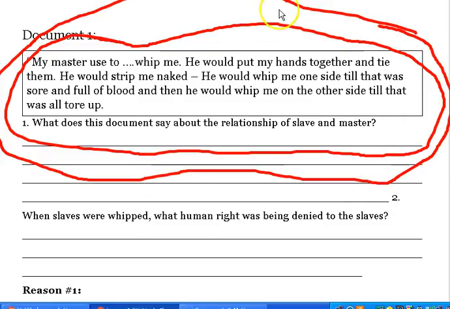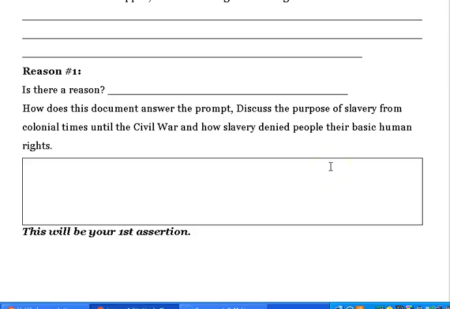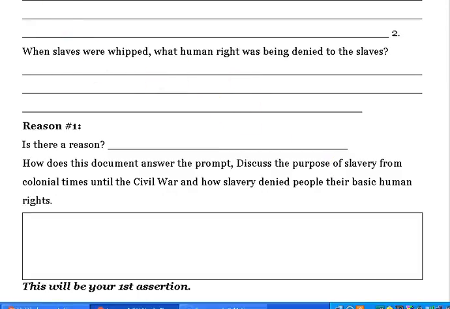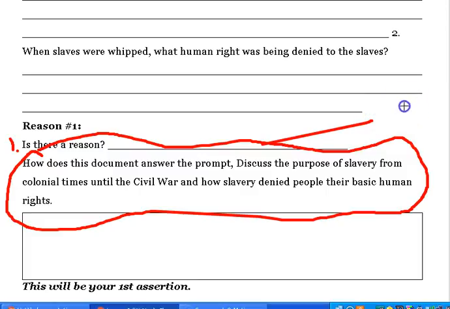Reason number 1. First, is there a reason? And then this is the prompt. So big P. And then this is the note. So you can say, freedom was being denied.